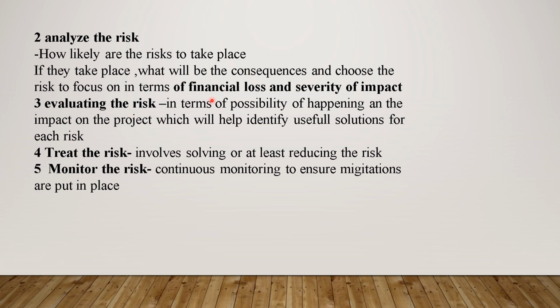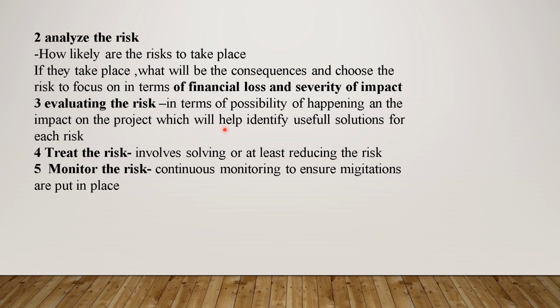We have evaluating the risk in terms of the possibility of happening or the impact on the project. You have to evaluate the risk and identify useful solutions for the risk so that you can help treat the risk. At number 4, we have treat the risk itself. This involves solving or at least reducing the risk.